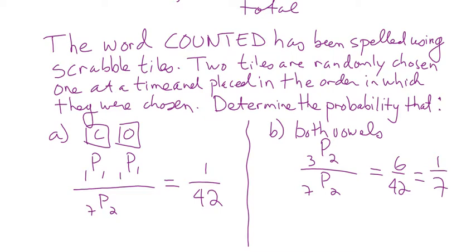I always like to show what I'll call the raw probability, the one you get after the calculation, like 6 over 42, because then you can compare. Once you reduce it to 1 over 7, comparing 1 over 7 and 1 over 42 is a little harder. With 1 over 42 and 6 over 42, you say, hey, you're 6 times more likely to get 2 vowels than C and O, or really any 2 particular letters. Good? Questions? Nice permutation, right?